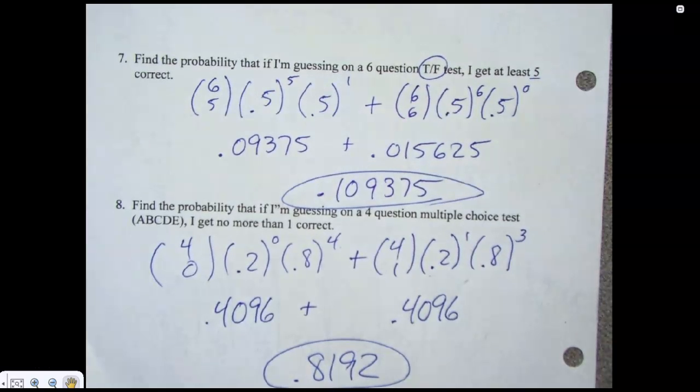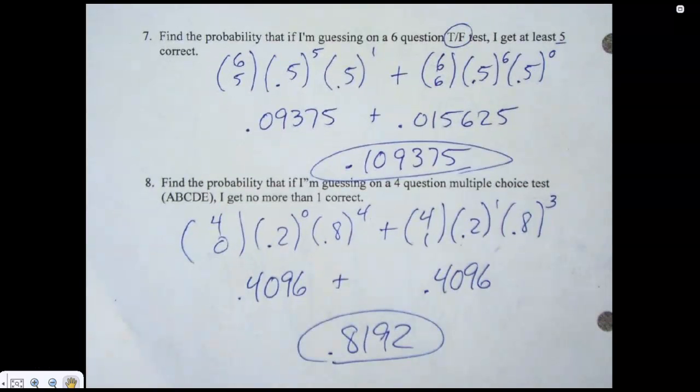Let's calculate the probability. You gotta do 5 and 6, because at least 5 includes 5 or more. Please understand what you're saying. Here's what you should have. Oh, no, I did 5. Oh, so then you were gonna say you could do the 6 and subtract. So you're right. Yeah. So at least 5 correct means 5 or more. There's only 6 questions. You just gotta worry about the 5 and the 6. So if this is the 5, this is the 6. That's what you should get if you add those up.